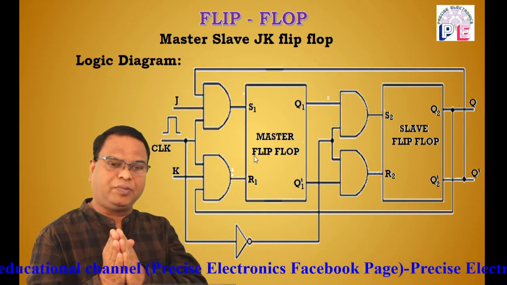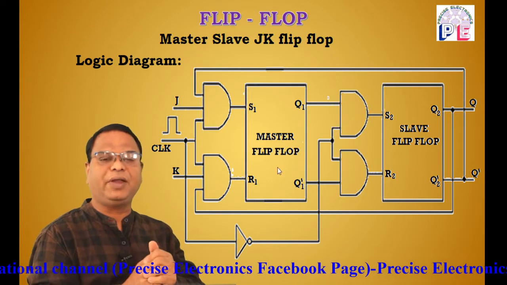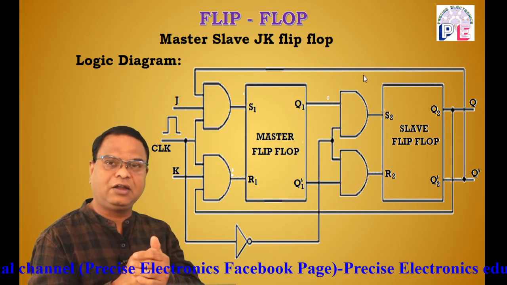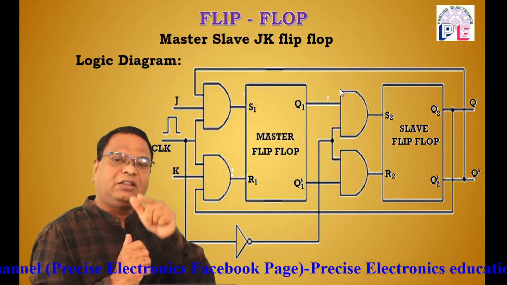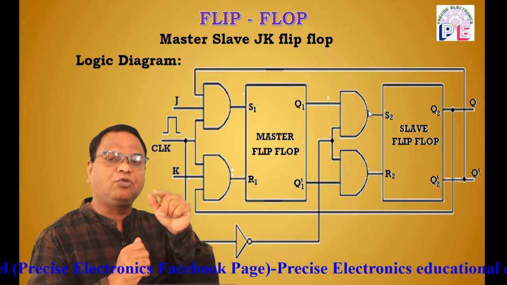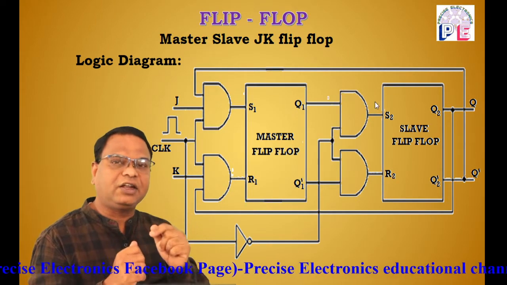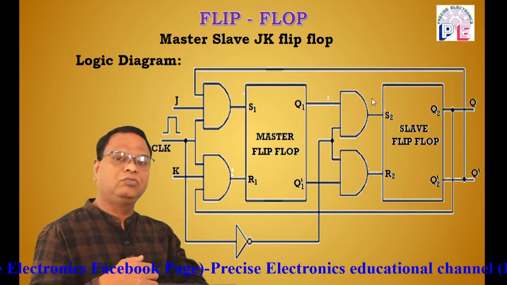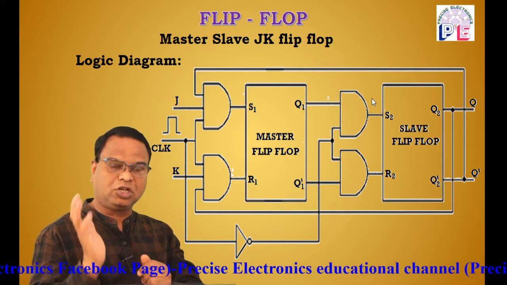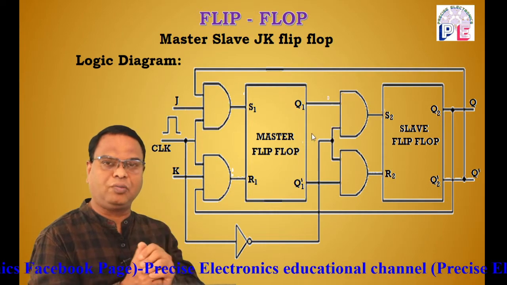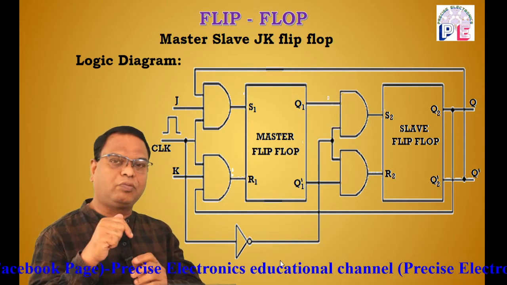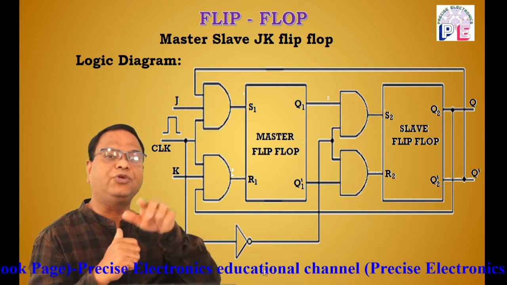That means J drives the set terminal and K drives the reset terminal. Output of master flip-flop, that is Q and Q complement, are connected to AND gates, and through the AND gates that output drives the set and reset terminals of the next flip-flop, that is the slave flip-flop. The clock pulse is also applied to the slave flip-flop, but in this case the clock pulse is applied to the AND gate through an inverter.